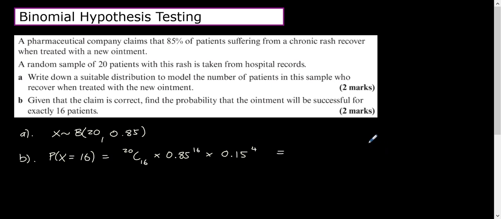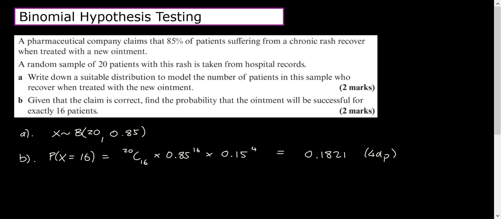And we can evaluate that pretty quickly and get our answer. Should have got my calculator ready. Right, so 20C16 multiplied by 0.85 to the power of 16 multiplied by 0.15 to the power of 4. So we have a probability here of 0.1821 to 4 decimal places.